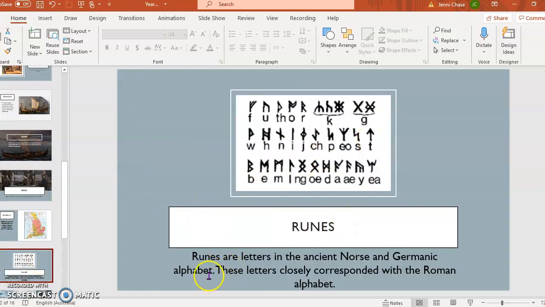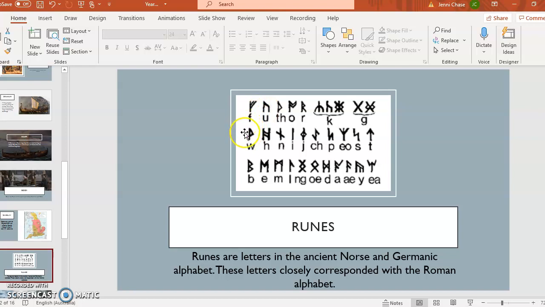Runes. The runes are letters in the ancient Norse and Germanic alphabet. These letters closely corresponded with the Roman alphabet. So this is basically the written language of the Vikings. However, the Vikings didn't really write much down. Most of the knowledge that we have about them comes from archaeology and from stories that were written down a couple of hundred years after the Viking Age ended.